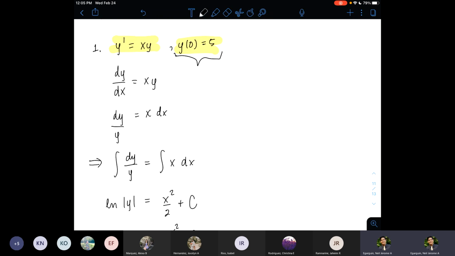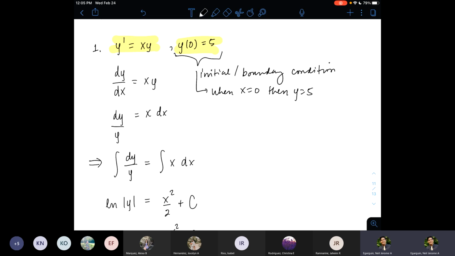And we are given an initial or a boundary condition. Basically, this is telling us what is the behavior of the function that we want at a particular value for x. So in this particular case, this tells us that when x is 0, then y must be equal to 5. And I will use this information later in order to find what is the value for c that will give me the particular solution.